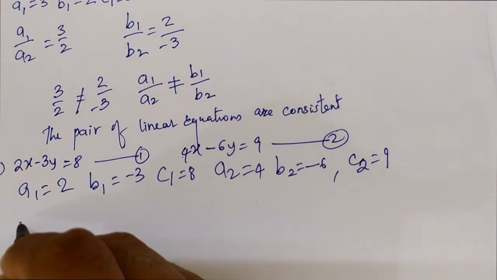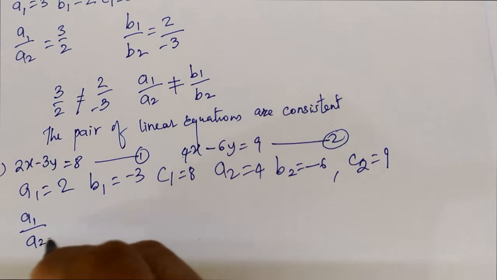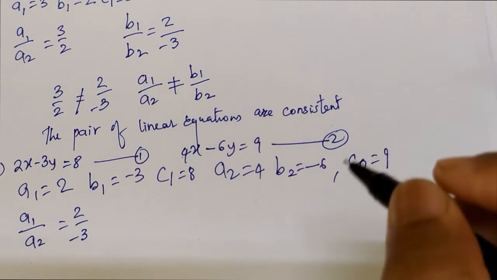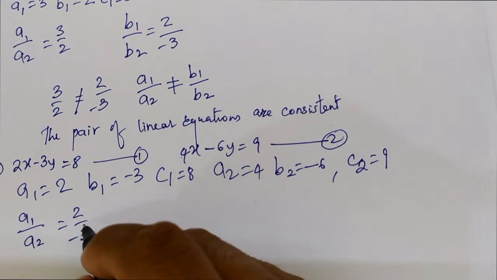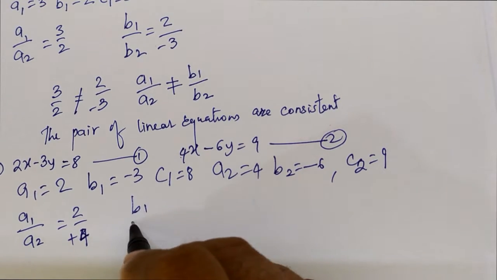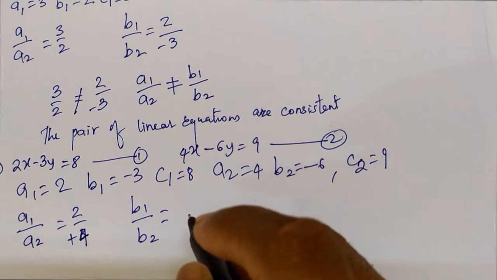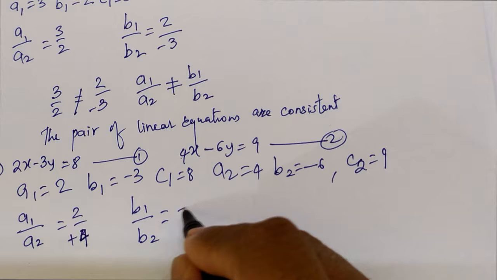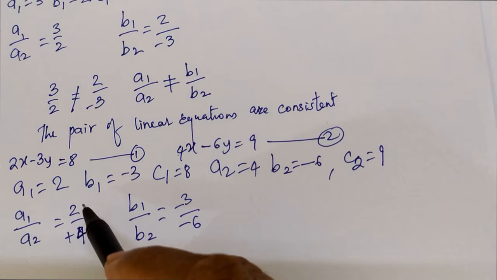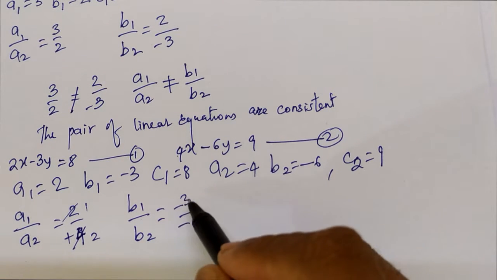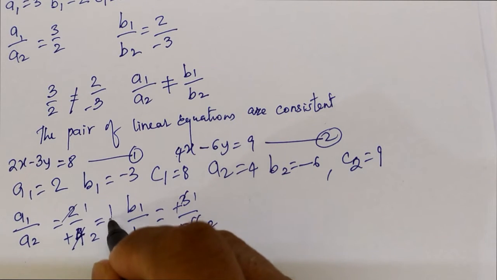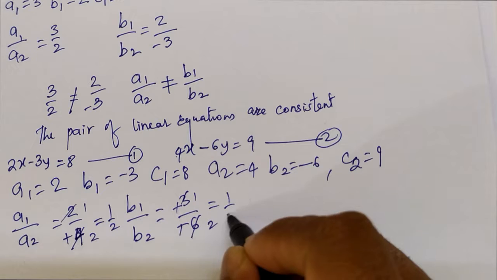So A1 upon A2 is 2 upon 4. B1 upon B2: B1 is minus 3 and this is minus 6. This is also cancelling. So this is 1 upon 2 and this is also 1 upon 2.